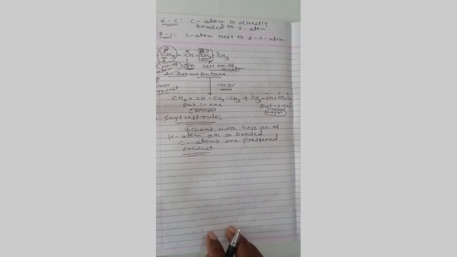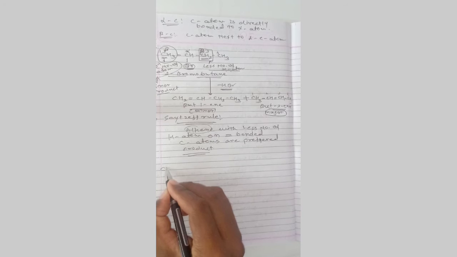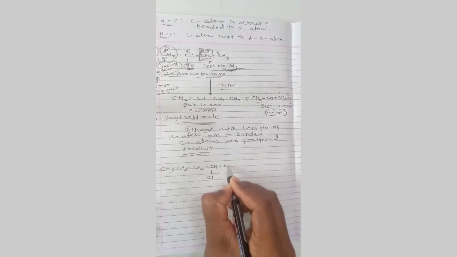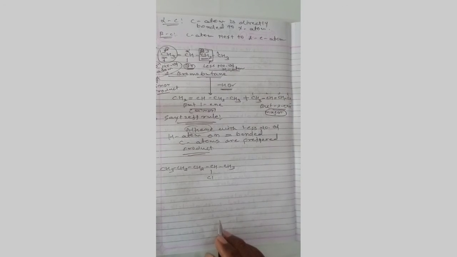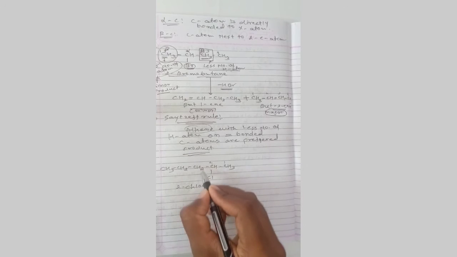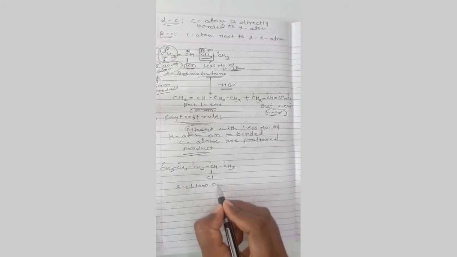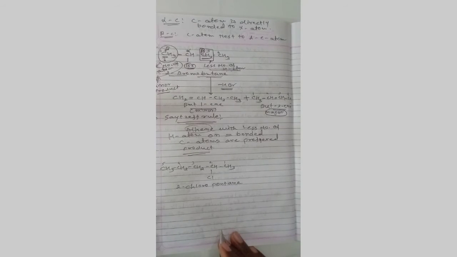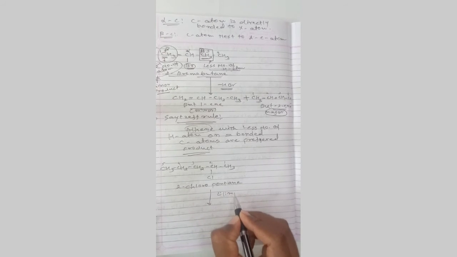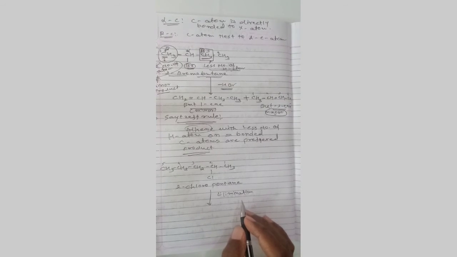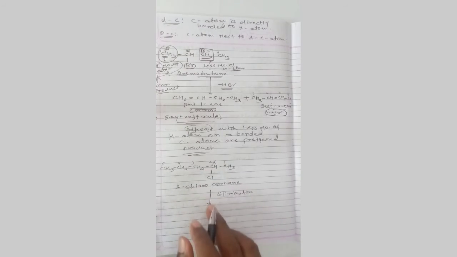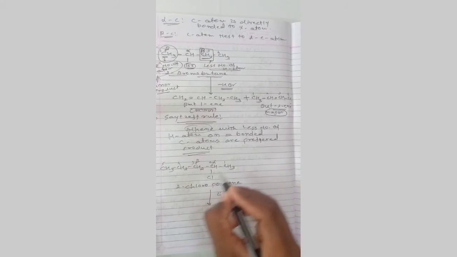Now let's see another example. CH3CH2CH2CHClCH3, 1 2 3 4 5, 2-chloropentane. Now in the elimination reaction, we have this alpha carbon and the next beta carbons.